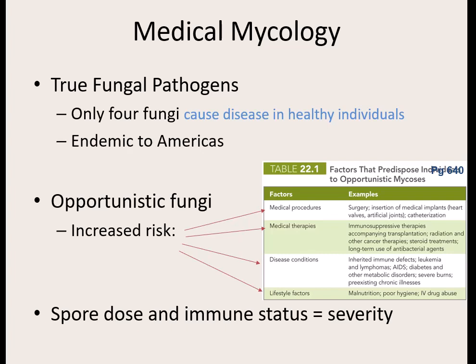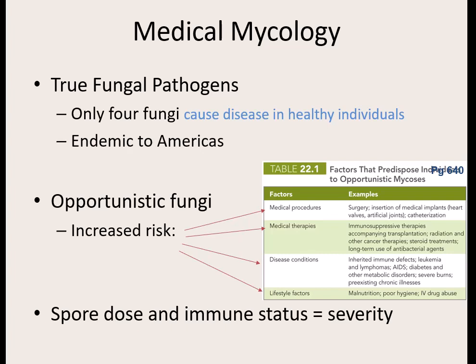And so we're going to talk about the 4 fungi that are considered our true fungal pathogens. But then there's a whole bunch of other fungi that are called opportunistic fungi, which means you generally don't suffer from an infection unless you are at risk from something else. Some of the things that can put you at an increased risk: if you've had any kind of medical procedure done, because now you have open sores or wounds, whether you have a catheter, surgeries, insertion of some type of implant like a heart implant, or medical therapies, so if you're immunosuppressed, maybe you're going through chemotherapy, something that causes you to have a reduced immune system, or some other kind of drugs like steroids.